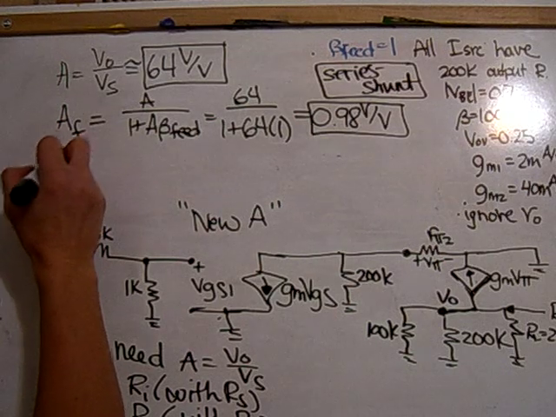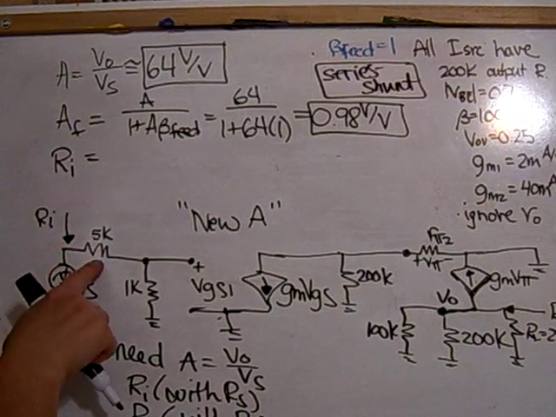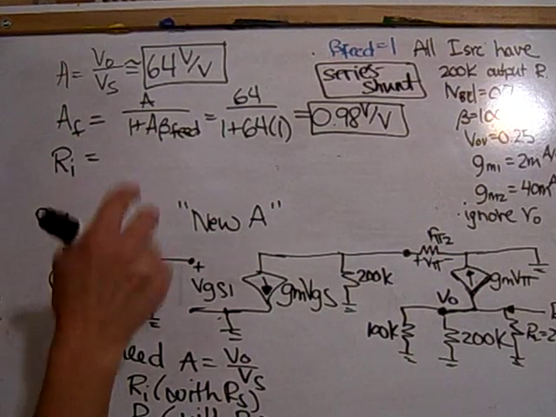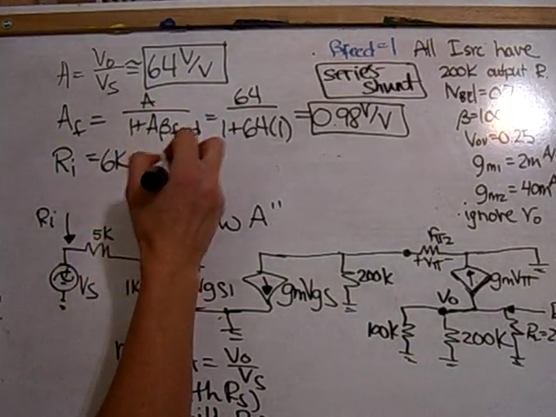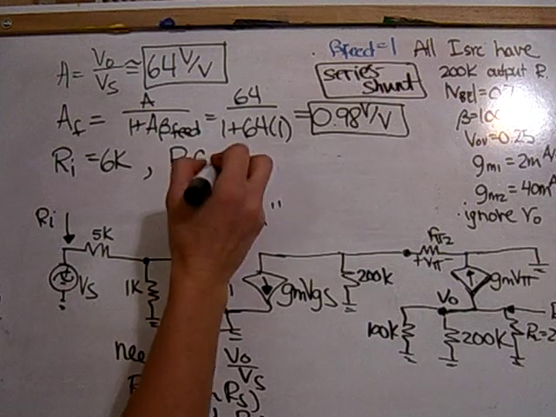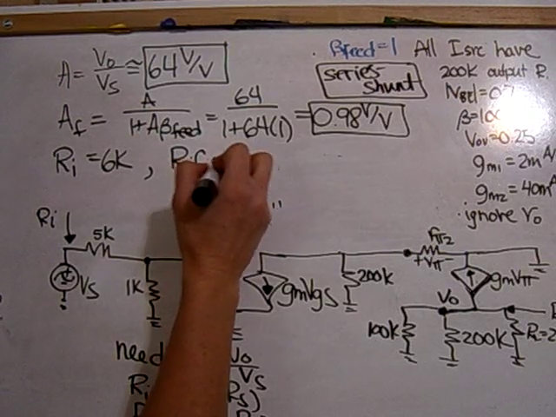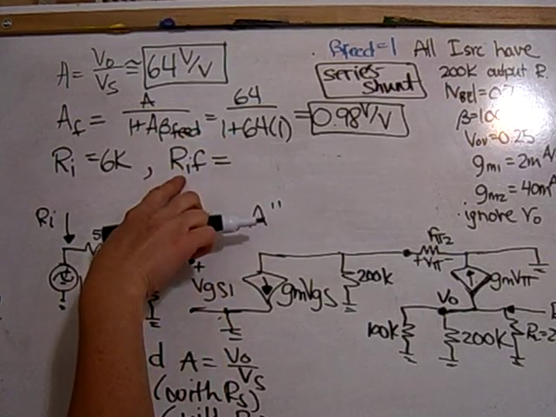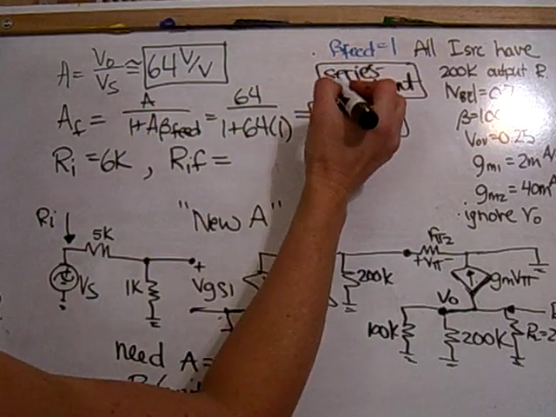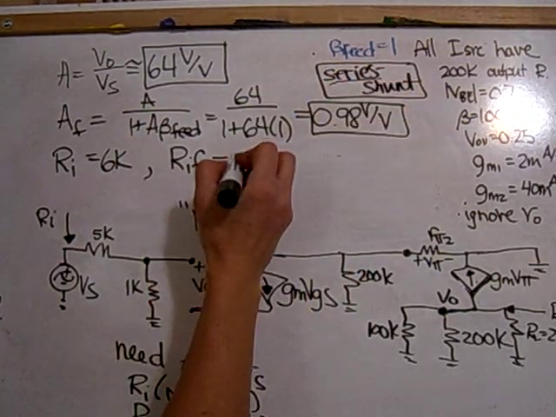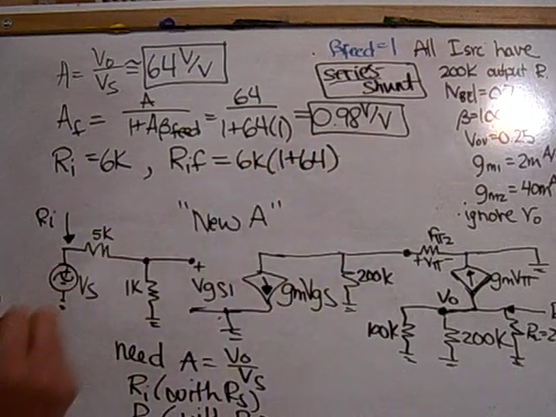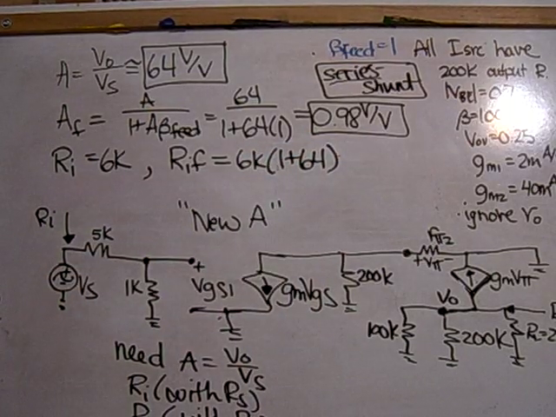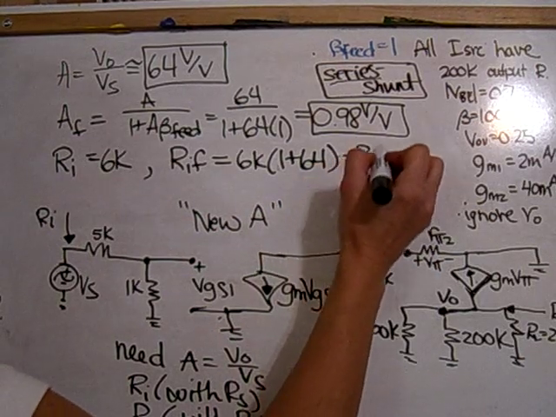Ri will include Rs. So this will be 6K for Ri. RIF, which also includes Rs, is determined by whether it's a series shunt on this side. It's a series on this side, so I multiply by the amount of feedback. So this will be 390K.